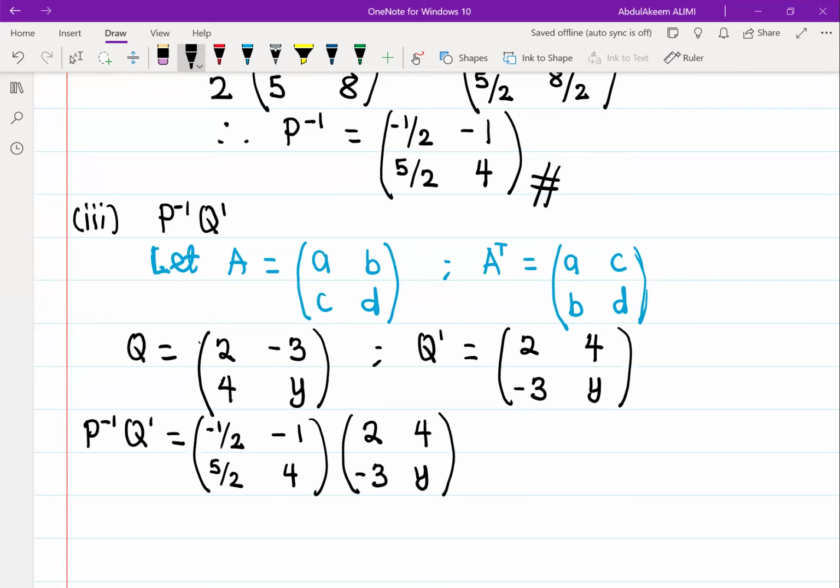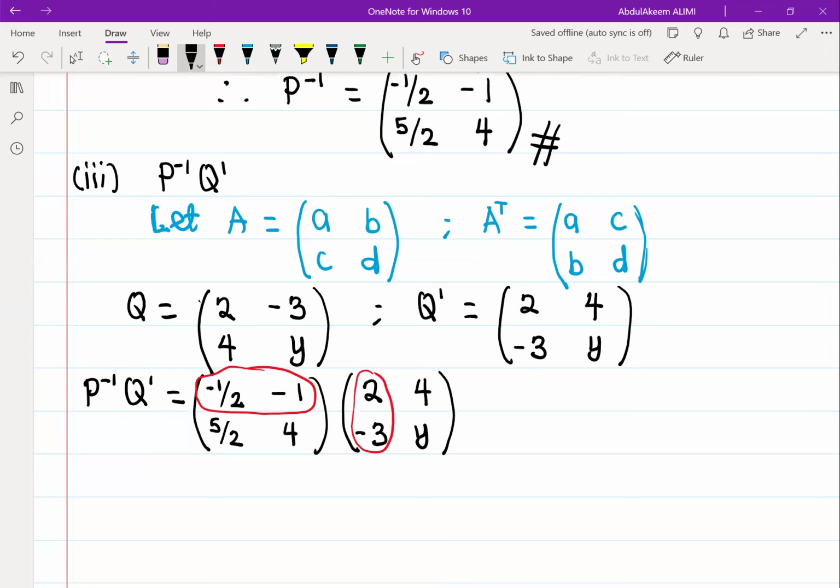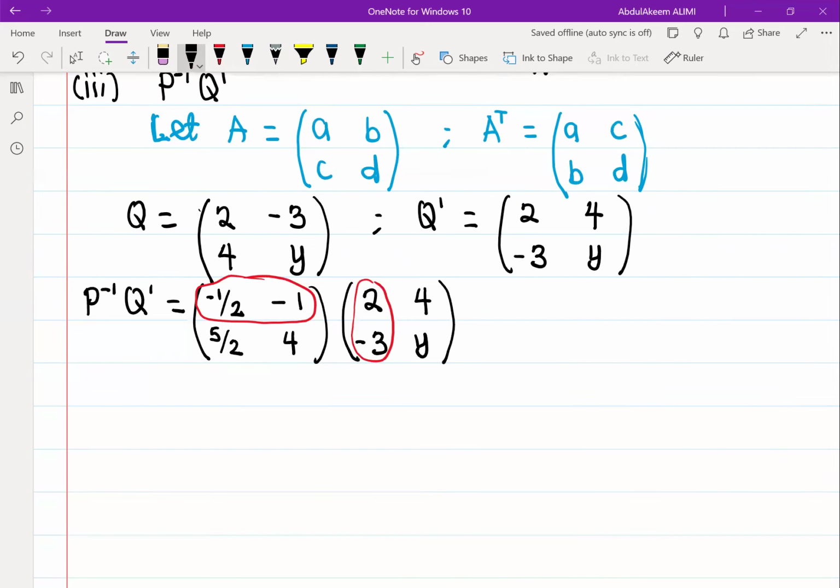So what do we do here now? We multiply. I multiply this with this. Likewise, I will do that for all. So what do we have here? I will have P inverse Q prime equals to what?